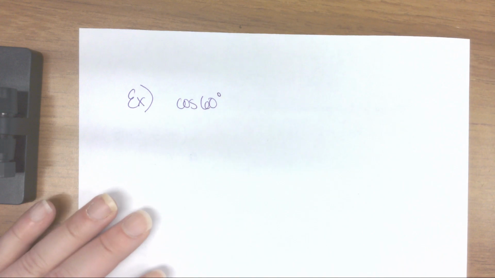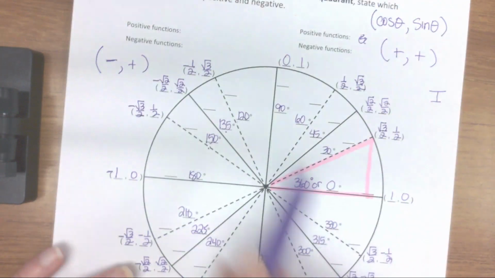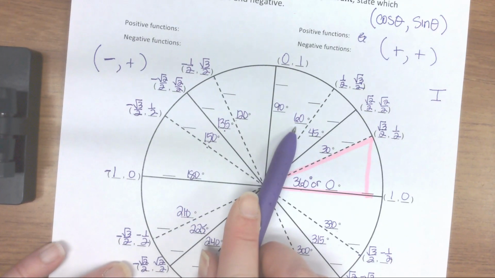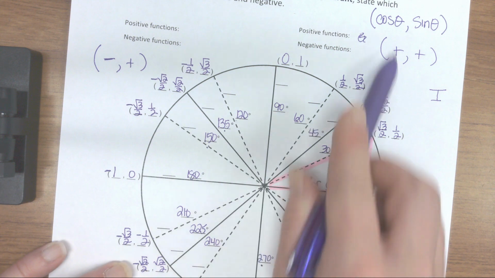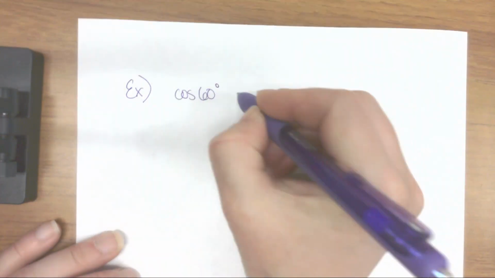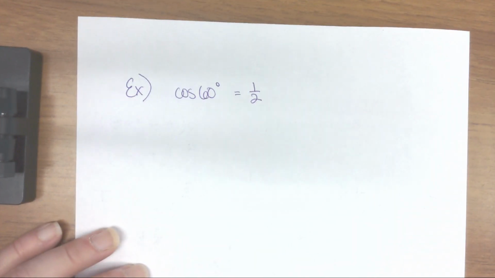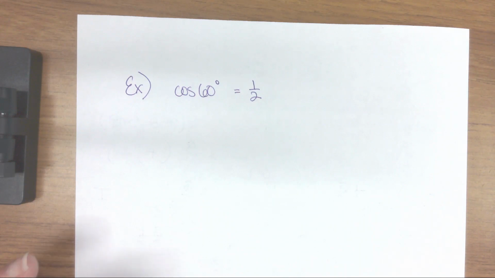Exactly. Because sometimes I'll ask you that exactly. Let's flip over to our unit circle. We're going to find 60 degrees. The cosine is the x coordinate. The answer to that would simply be 1/2. So that's the kind of thing we're going to ask you with that.